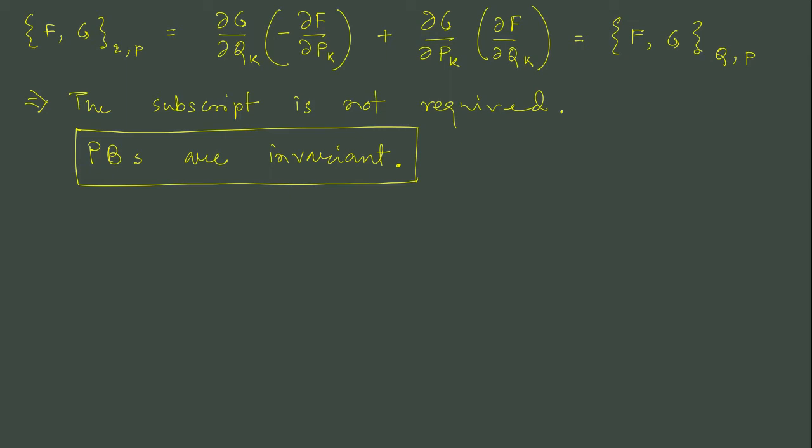We have the relation. In that case, it doesn't matter which coordinate we use. The dynamical quantities f and g, any two dynamical quantities, their Poisson bracket is what we call invariant under such transformation.